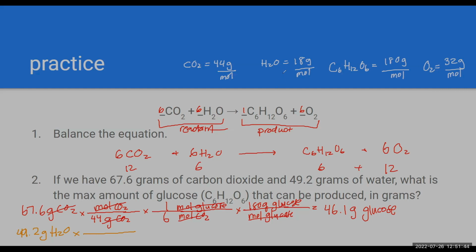So water has a molecular weight of 18 grams per mole. Once again, I'm going to try and use the stoichiometric relationship between moles of water and moles of glucose produced. If I look at the reaction, we see that for every 6 moles of water, we can generate 1 mole of glucose. So that's the conversion factor we'll be using.